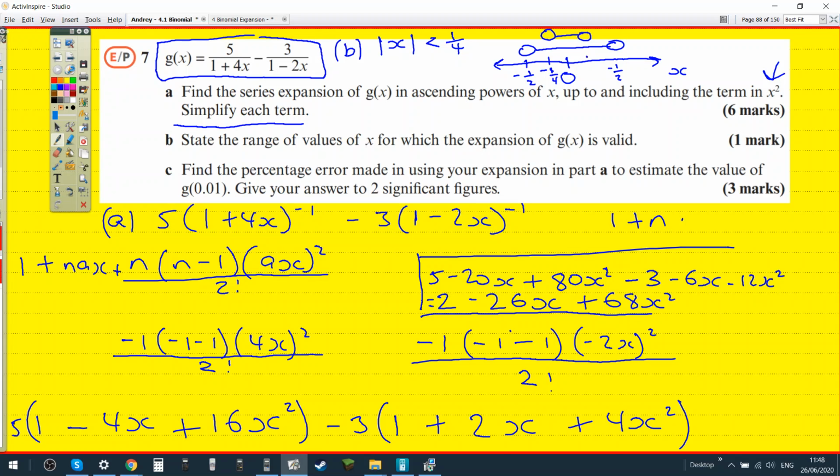And so for which values is x valid for both of them? Sorry, I'm a bit confused. So for the second expansion, x can be between minus a half and a half. Yep. For the first expansion, x can be between minus a quarter and a quarter. Yep.